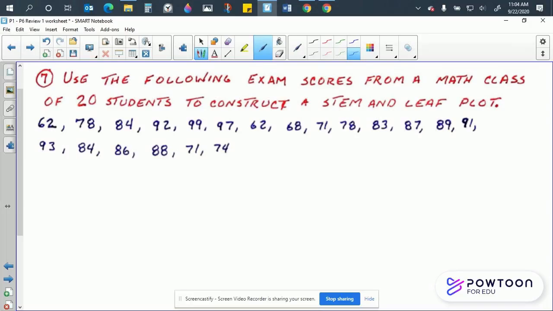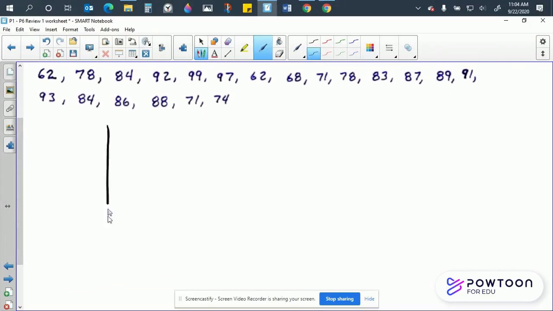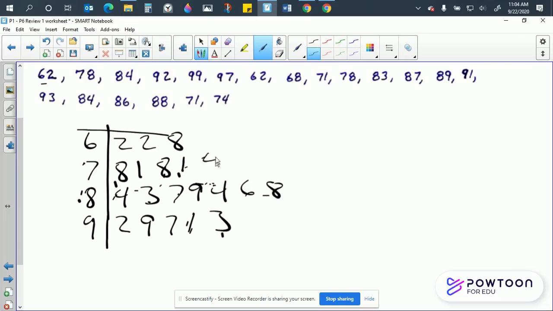Okay, to make our stem and leaf plot, our stems are going to be 6, 7, 8, and 9. And now I'm just going to go in order here and then clean one up. So 62, 78, 84, 92, 99, 97, 62, 68, 71, 78, 83, 87, 89, 91, 93, 84, 6, 8, 1, 4. Okay, now we'll make a clean copy and put them in order.